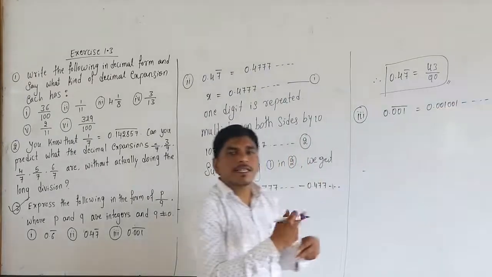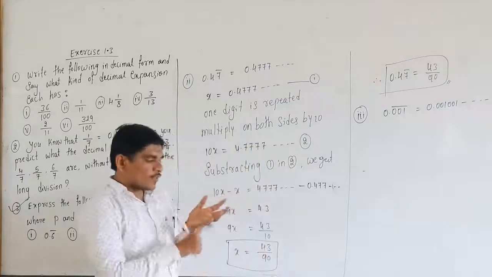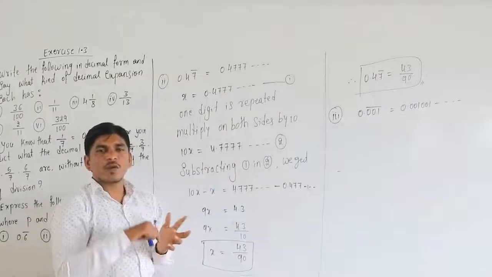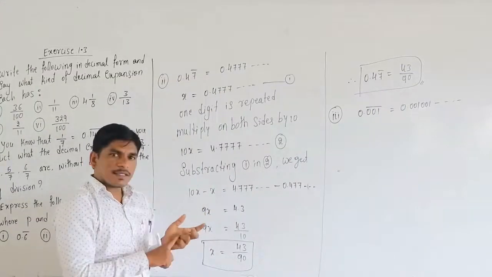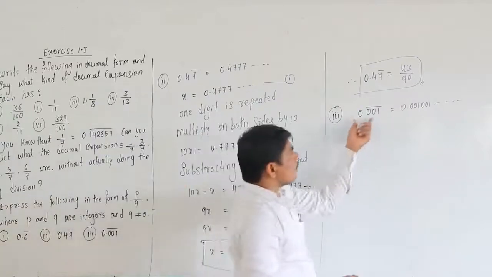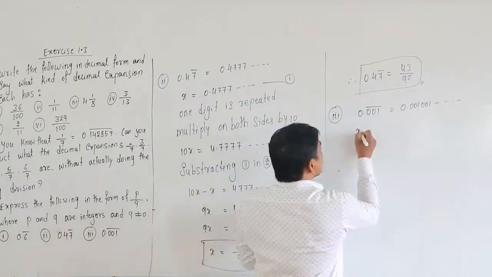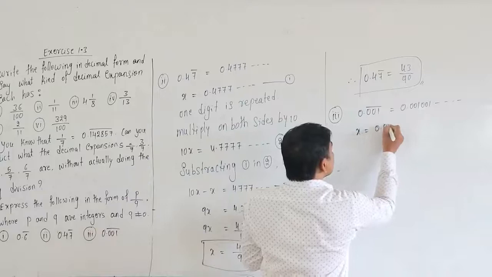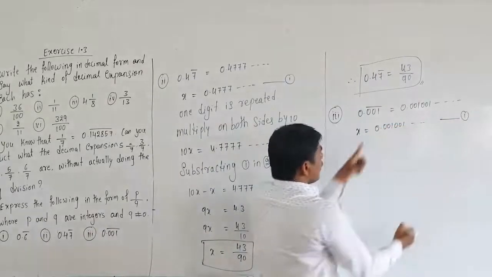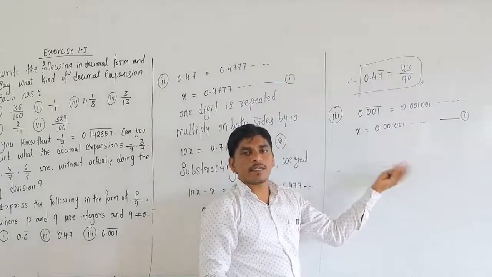In this problem, how many digits are repeated? 3 digits are repeated. I have already explained: if only one number is repeated, you multiply by 10; 2 digits repeated, multiply by 100; 3 digits repeated, multiply by 1000. That's why now x is equal to 0.001001 and so on. This is equation number 1. Since 3 digits are repeated, you have to multiply by 1000.